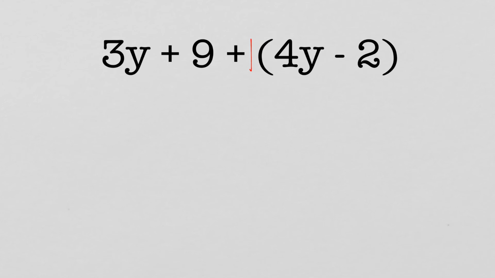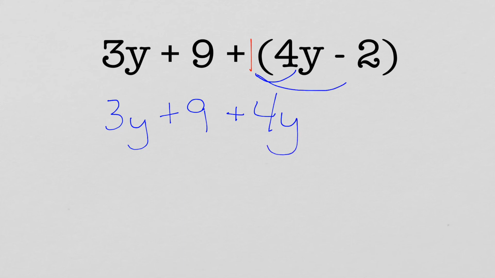So the beginning of this will stay the same, 3y plus 9, because that is not part of what I'm distributing. But then I will simply say 1 times 4y is 4y, and 1 times 2 is minus 2. Remember to pay attention to those signs of whether you have a negative or positive 1.